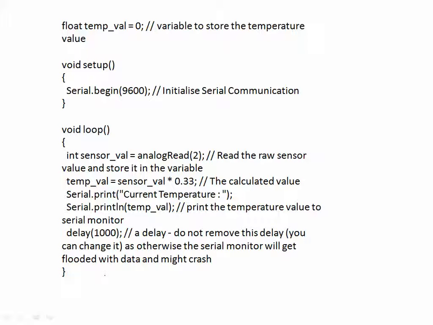This 0.33 is a coefficient with which we multiply to get the temperature to be shown. Then this value will be shown in the serial monitor with the command Serial.println, and each value will be delayed by 1 second, that is shown by 1000 milliseconds in this program.